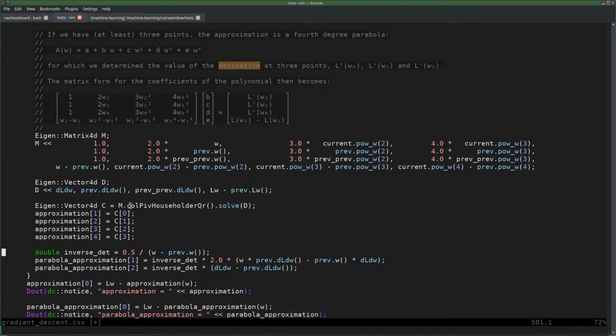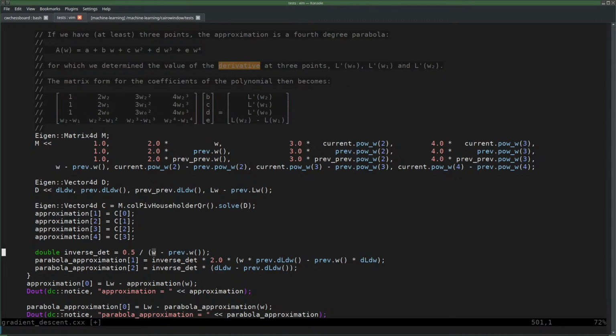However, I do want to calculate the parabola approximation, which is calculated from these values, the history, and calculate W. I think that's the W that was calculated the last time before we went to the top again.